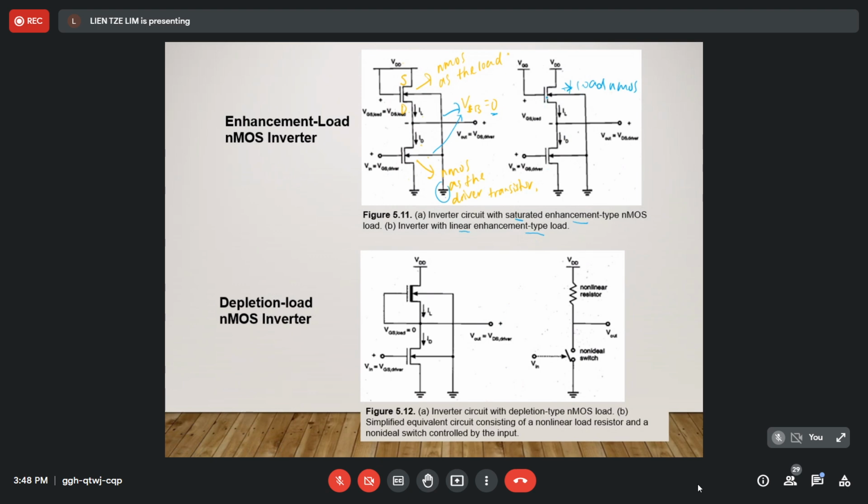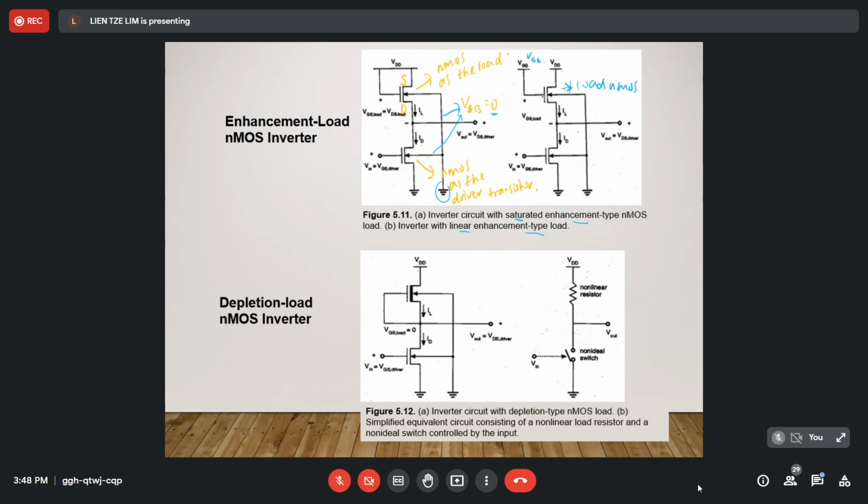The input voltage is connected to another source. I cannot see it clearly here, but I assume it is VGG. I'm not sure, so I have to go and check to verify. But what you can know is this is another supply voltage.